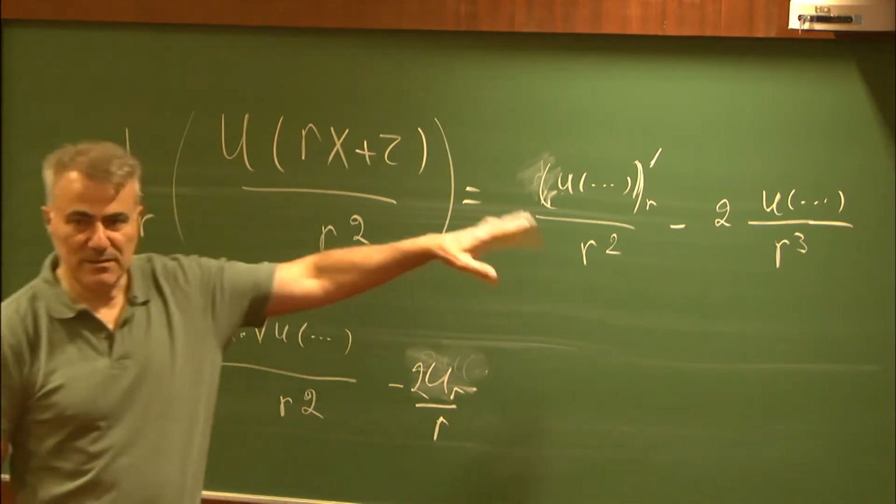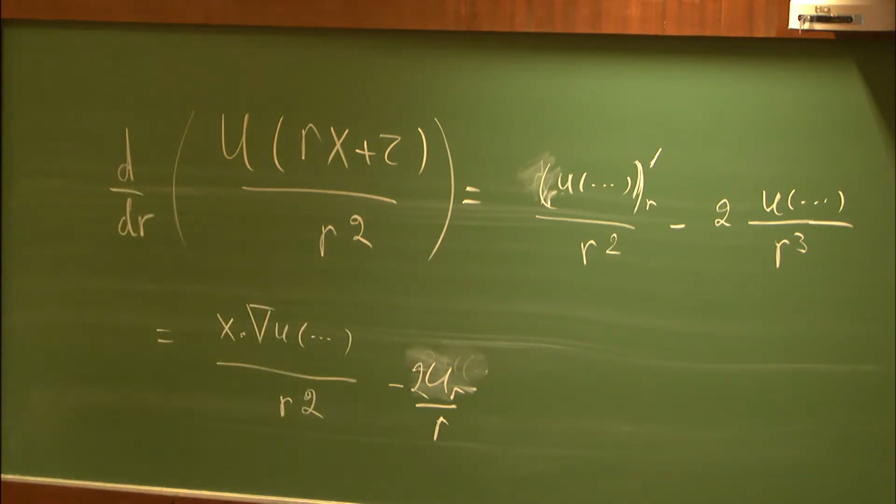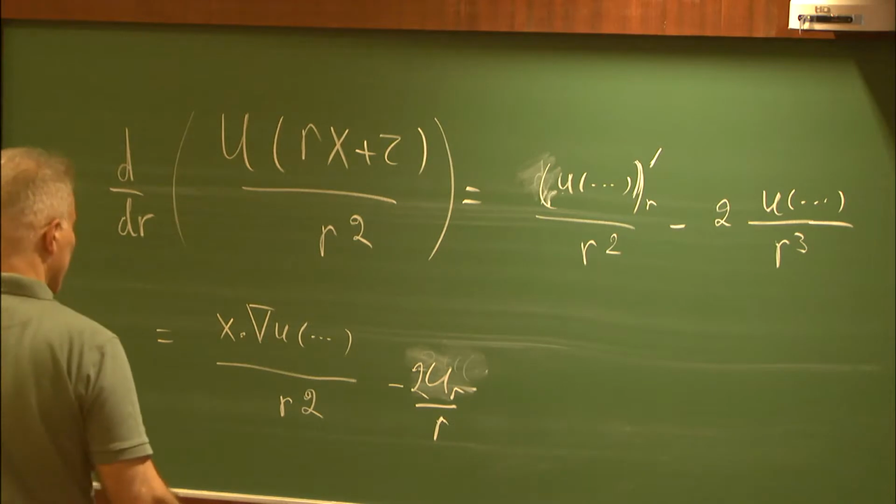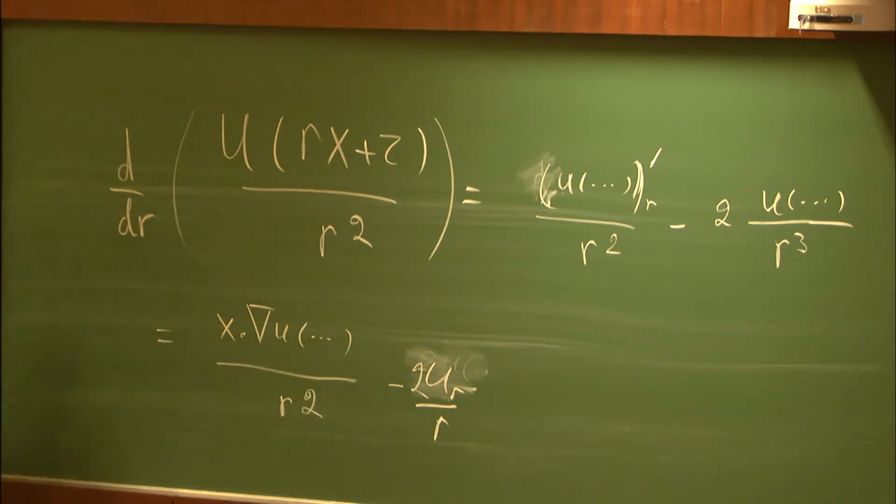I can rewrite. If it's homogeneous of degree 2, what are you going to get here? Prove this is 0 if it's homogeneous of degree 2.